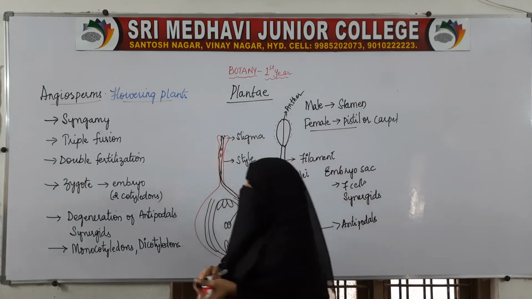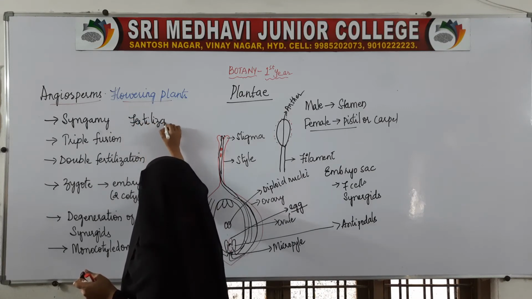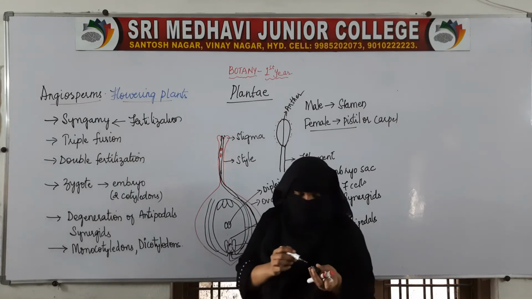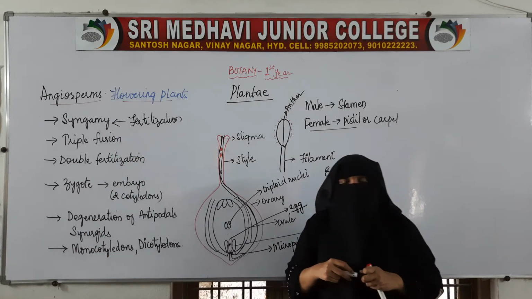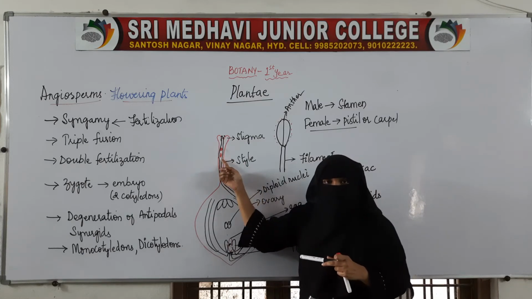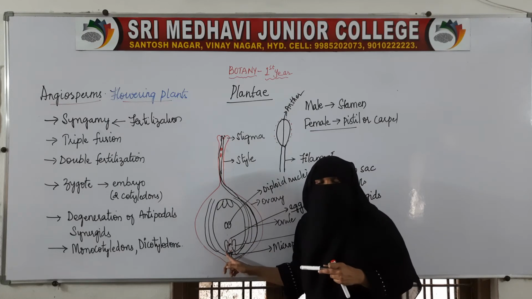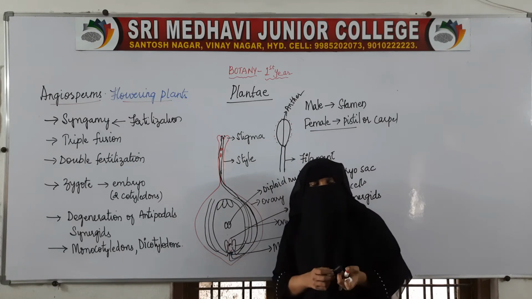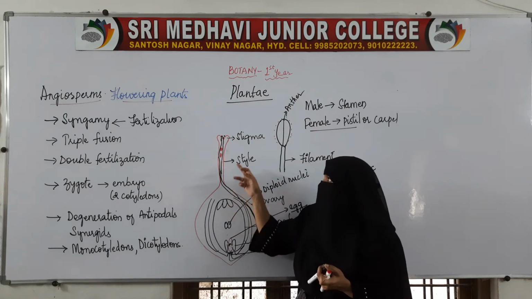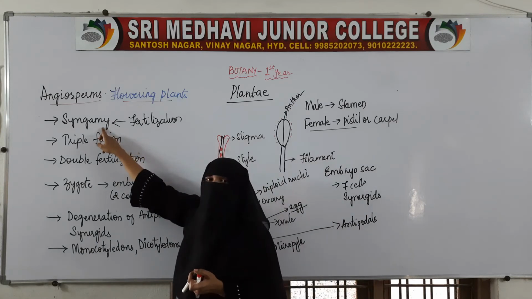This is called fertilization, or syngamy, that is, the fusion of the male gamete with the egg, the female gamete. So this process of fusion of the male gamete with the female gamete is called fertilization, or we can even call it syngamy.